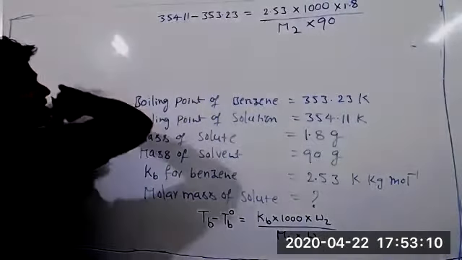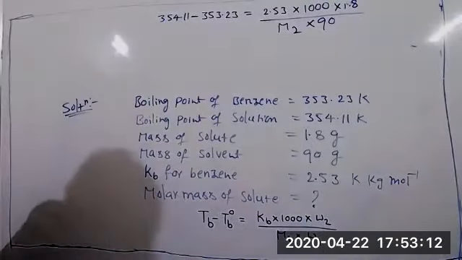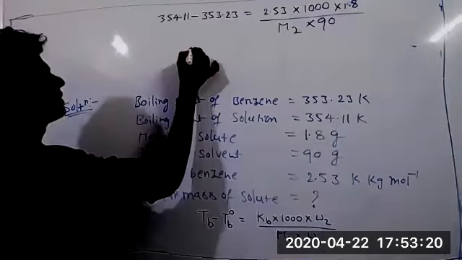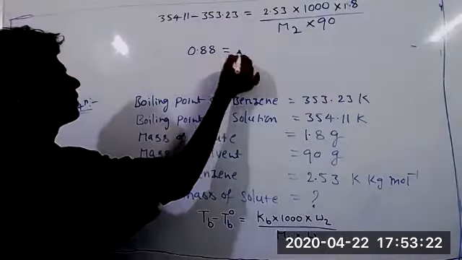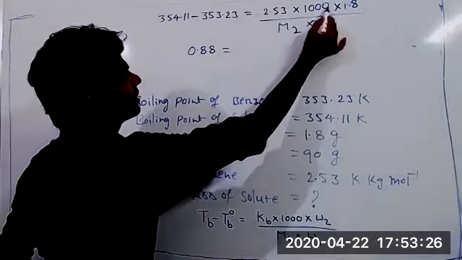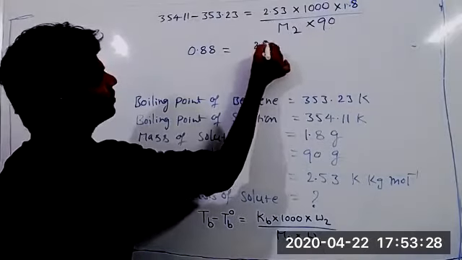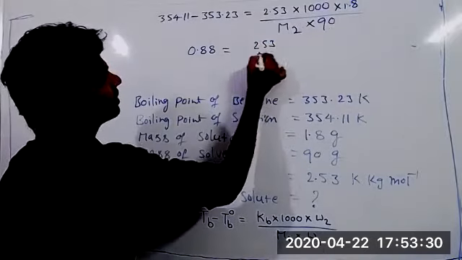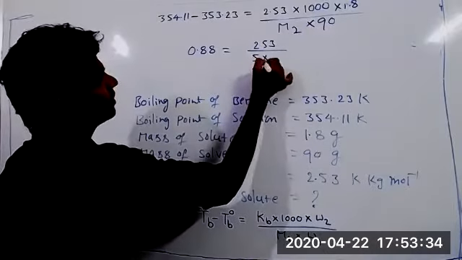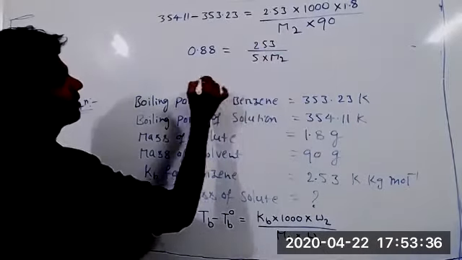How much is the difference? 354.11 minus 353.23 is 0.88. 0.88 is equal to this. We may write 253 divided by 5 into M2.